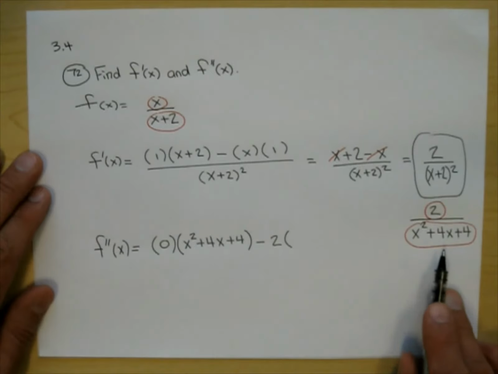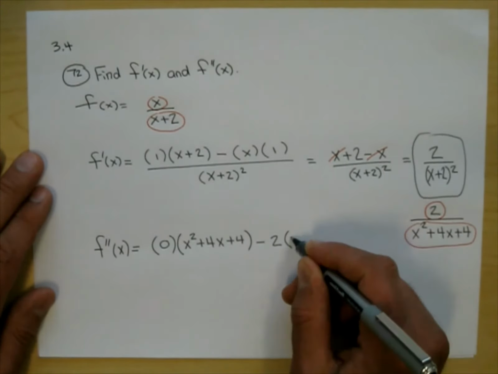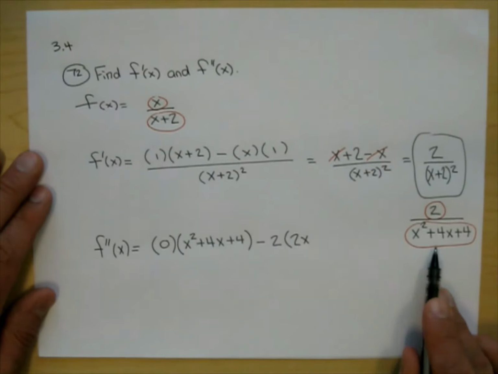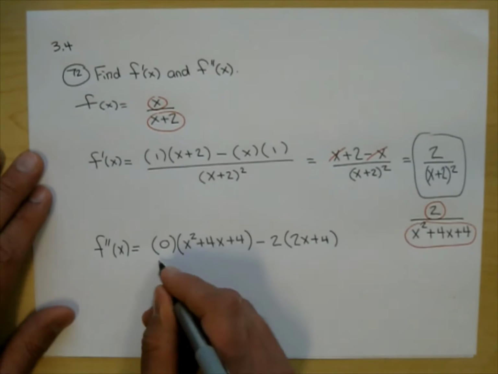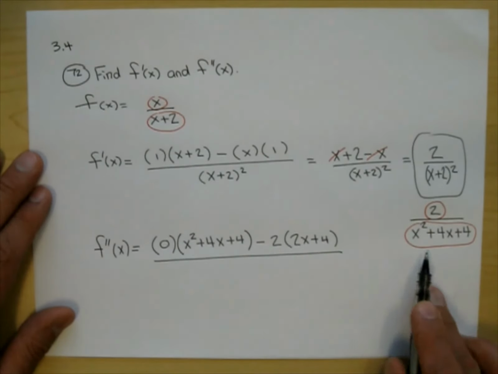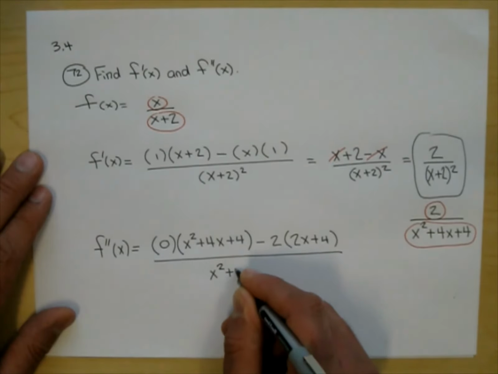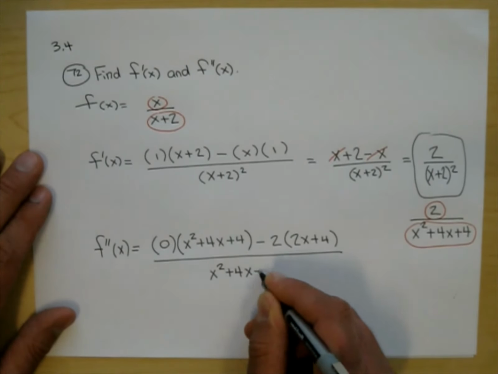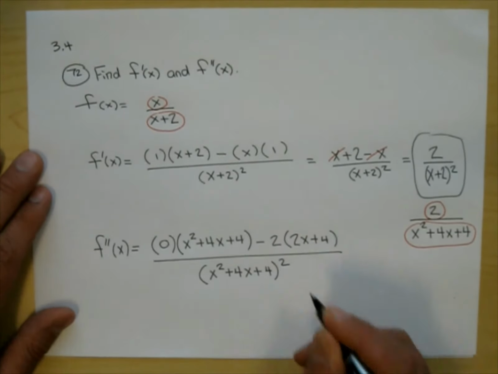The derivative of the bottom happens to be 2x plus 4. This is all over the bottom squared.